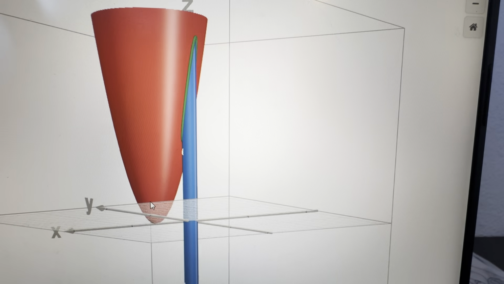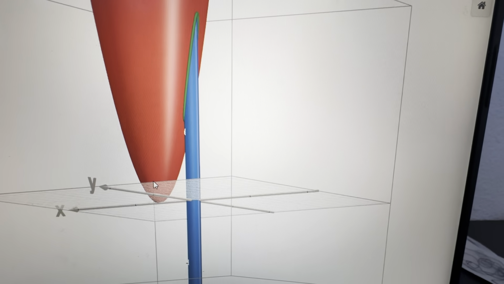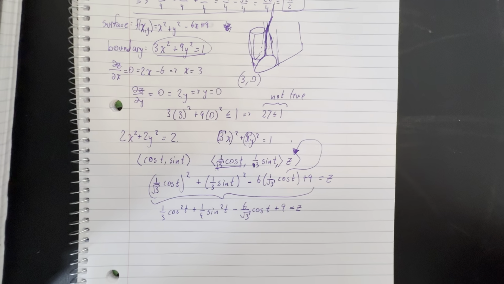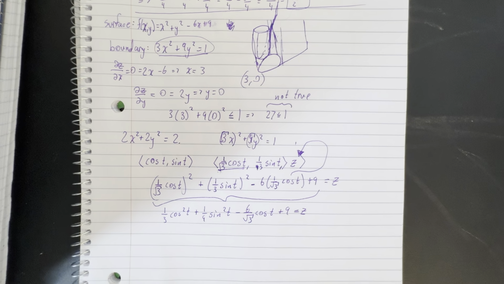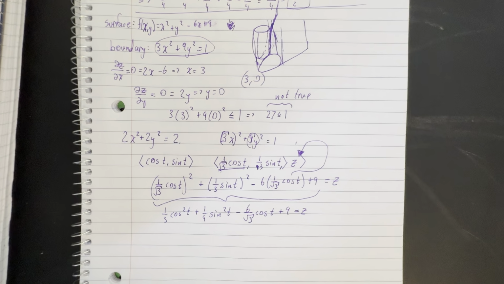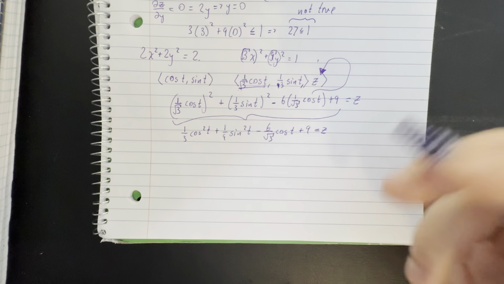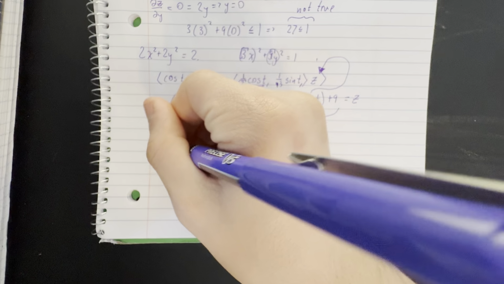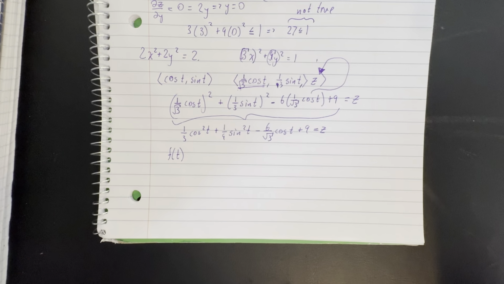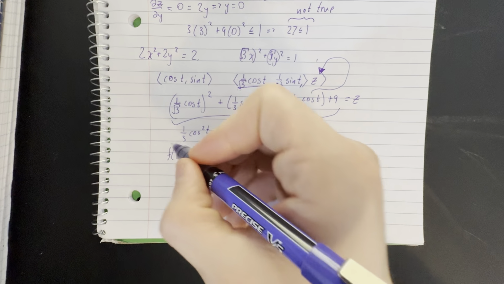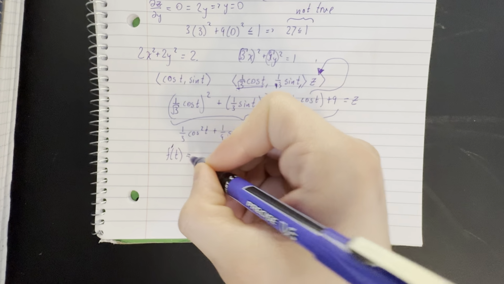Okay, so how are we going to do that? Well, you can treat it similarly to how we did when we said f of x earlier. This is a function of t. This is f of t. And how do you find the mins and the maxes of a function? You take the derivative. So we're doing the same thing.